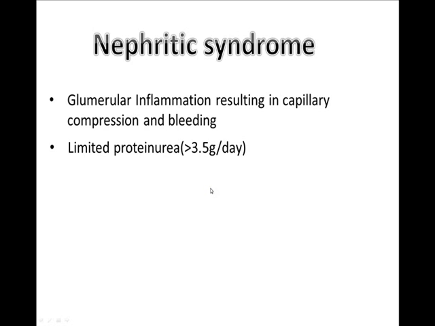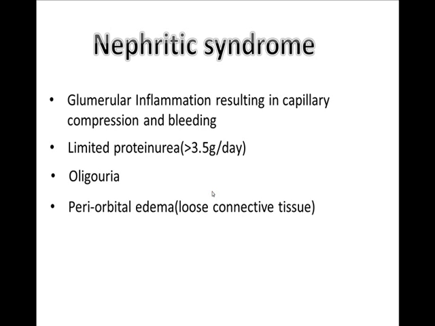Now, like I said to you, the proteinuria will be limited because of the reduced glomerular filtration rate, less than 3.5 grams per day. Oliguria, again, because of the reduced glomerular filtration. Oliguria means we have less urine production. Periorbital edema.